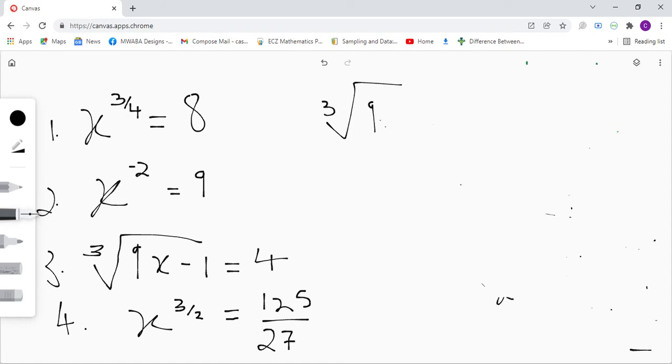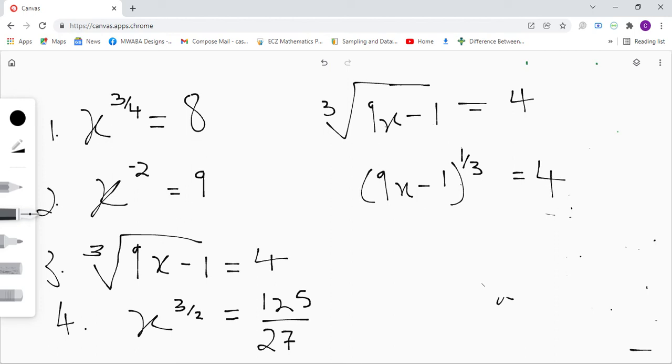We want to find the value of x. 9x minus 1 equals 4. All right, so we can make this into index form. So we say 9x minus 1 to the power 1 over 3, okay, equals 4.